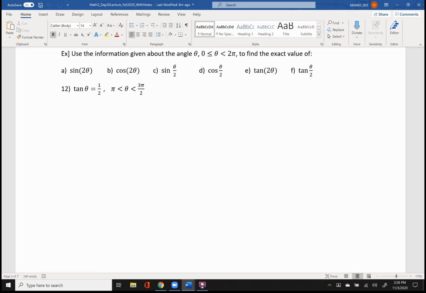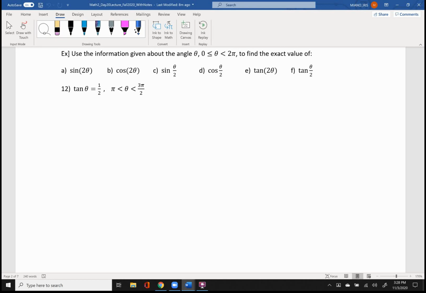And then we'll find the exact value of all 6 of these items here using our double angle, half angle formulas as needed. Okay, so the first thing that we need to do is to recognize that since we're in the third quadrant here, this little piece of information, let me start drawing. This tells us that the sine of theta is negative, and so is the cosine of theta.